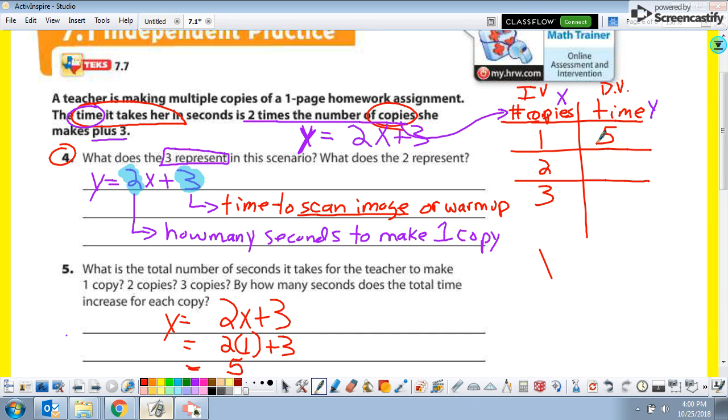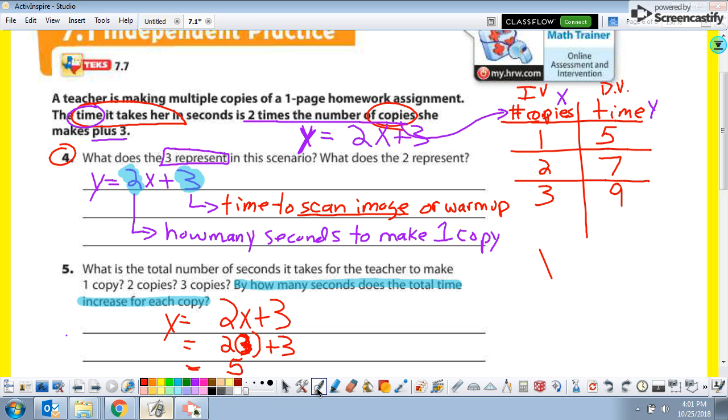If it was 2 copies, it would be 7 seconds. If it was 3 copies, you would substitute the X for 3. So 2 times 3 is 6, plus 3 is 9. So it would be 9 seconds. Now let's answer the question: by how many seconds does the total time increase for each copy?